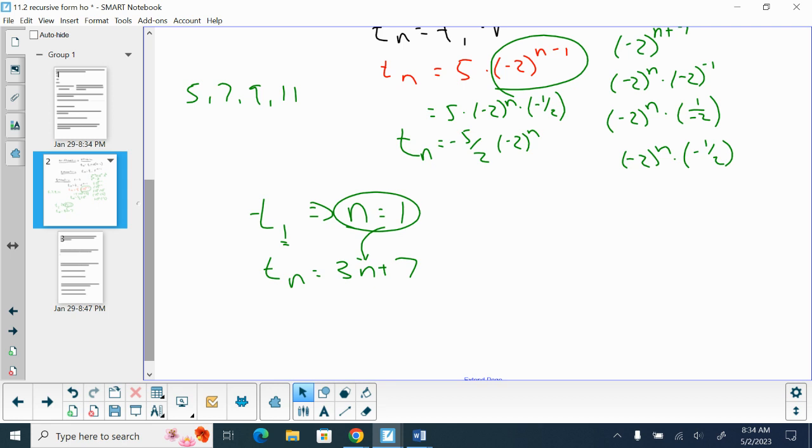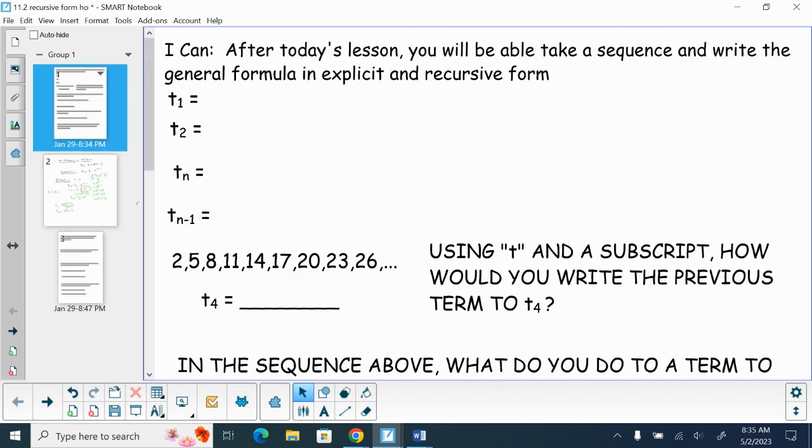The recursive formula is more how our brain works in regards to sequences. And it's also how we looked at some sequences yesterday.